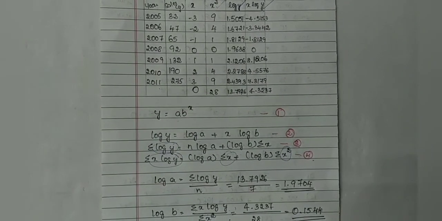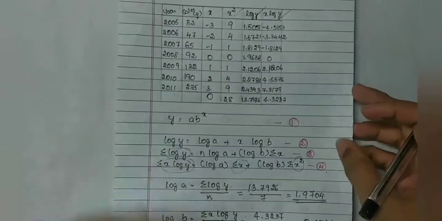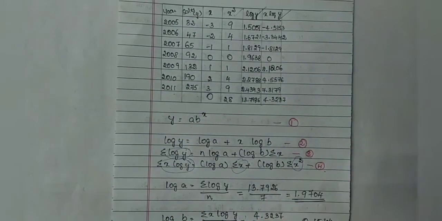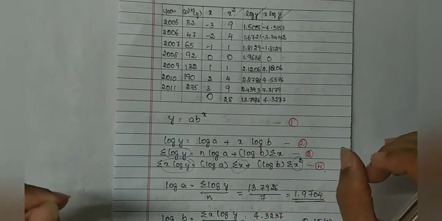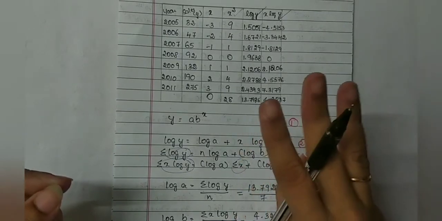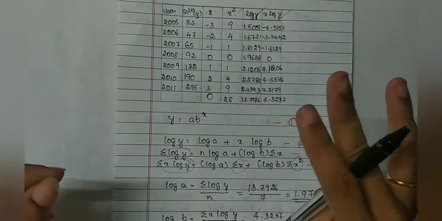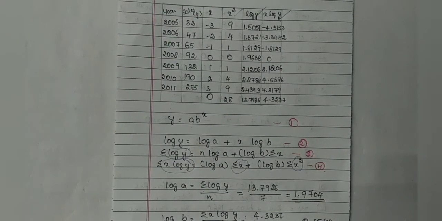Go through this video once again and try to understand step by step, and try to solve the same questions on your own and practice them so that you can do well in your exams. From this chapter, 1 mark 1 question will be there, 2 marks 1 question, 5 marks 1 question, and 10 marks 1 question. So totally you'll have 18 marks of questions from this particular time series chapter.